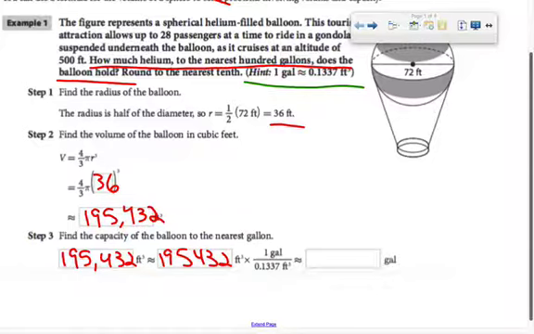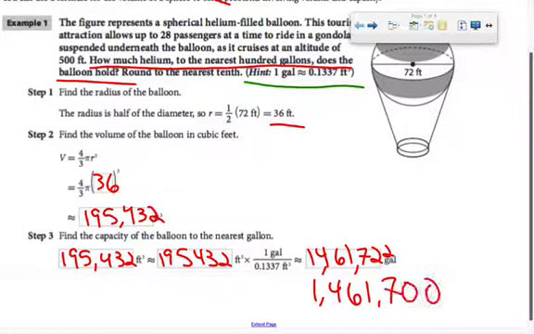So that means I'm dividing by 0.1337. And that is 1,461,722 approximately gallons. And it says to the nearest 100 gallons, so 1,461,700 gallons.